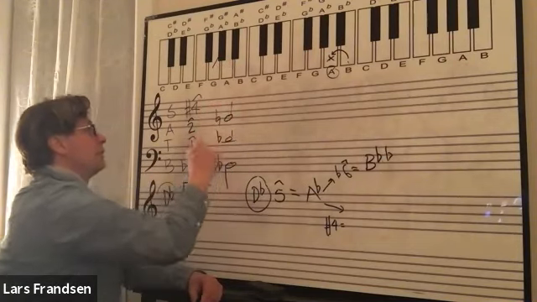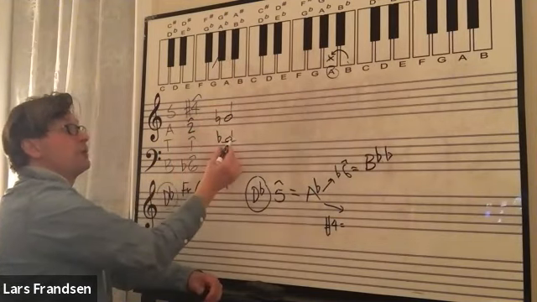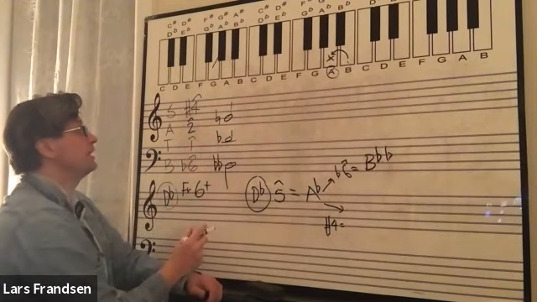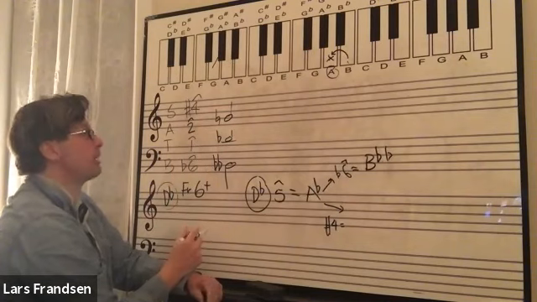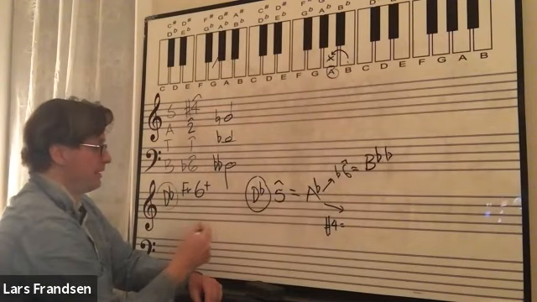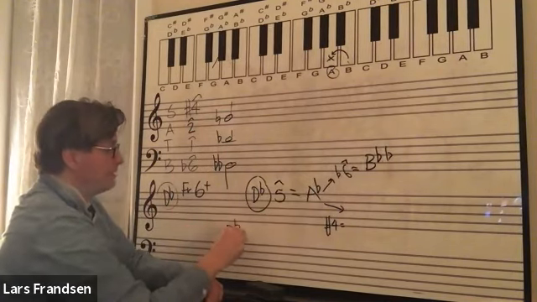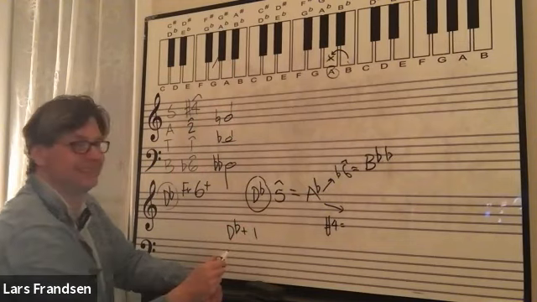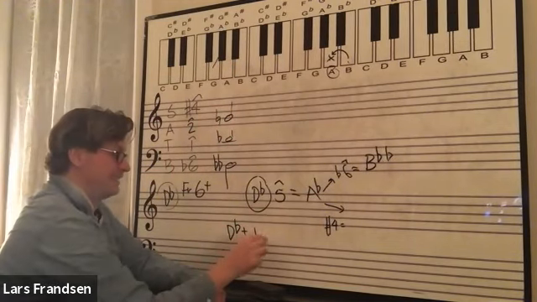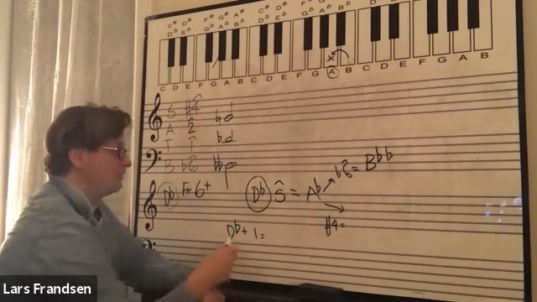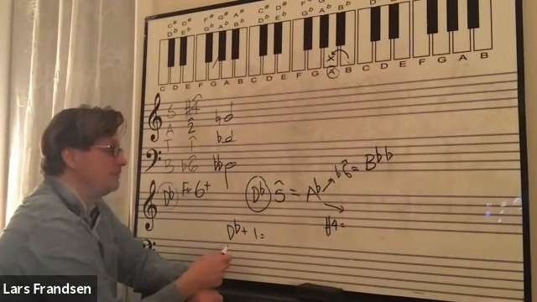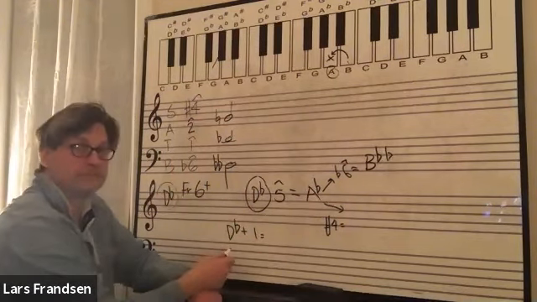So G natural. Okay, now scale degree 2. This is scale degree 1, yeah? A whole step up from D flat is what? What is a whole step up from D flat? C. Nope.